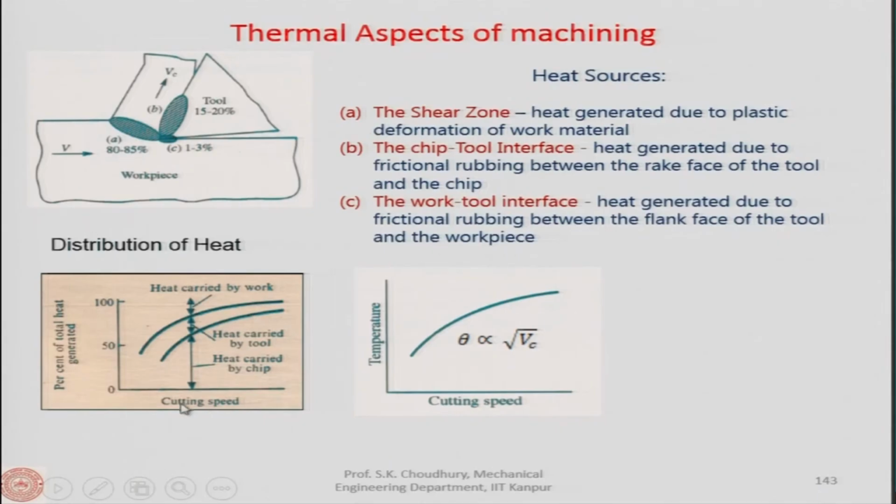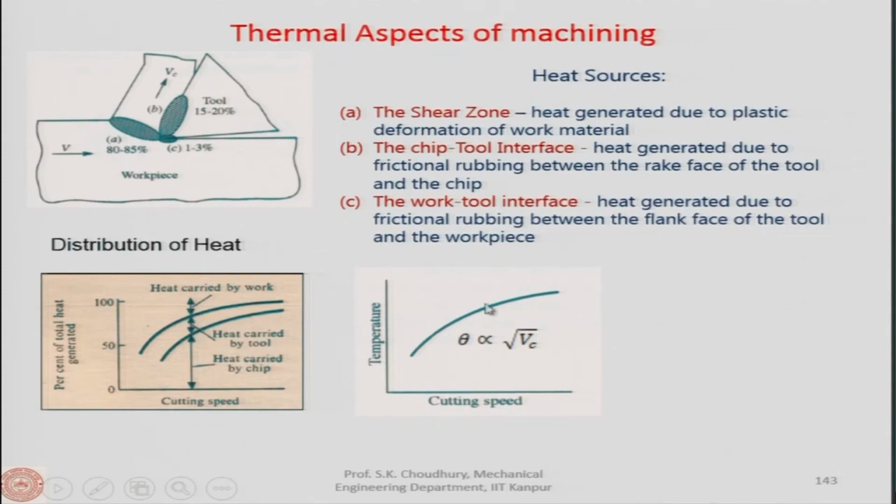Now, the distribution occurs almost in a similar way as the heat is produced. The majority of the heat is carried away by the chips. Then the heat carried by the tool is about 15%, and less than about 5% is carried away by the work. So, the heat carried away by the chip is the majority, followed by heat conduction in the tool and the workpiece.